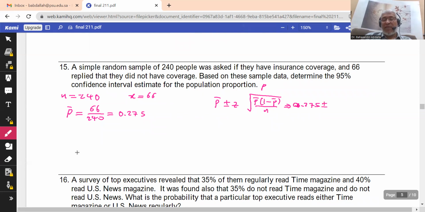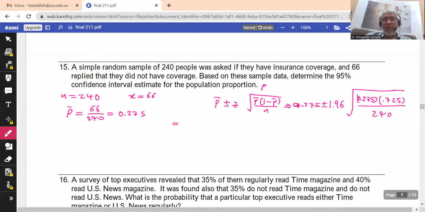Now again, this is 95%. So if you use the T table, you will find the number 1.96 times 0.275 times 1 minus 0.275, which is 0.725, over N, which is 240.